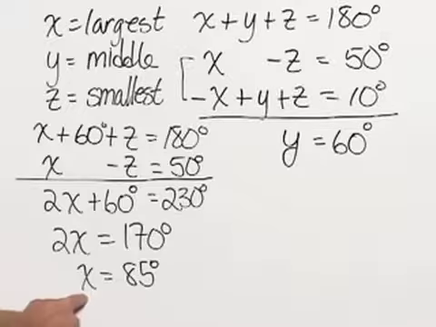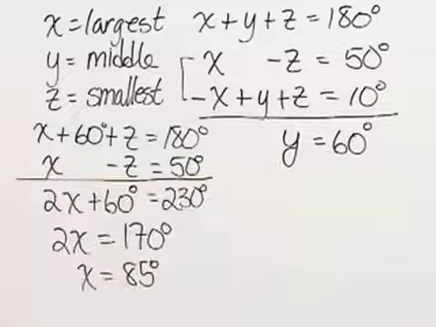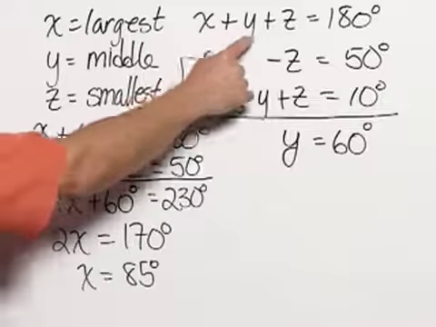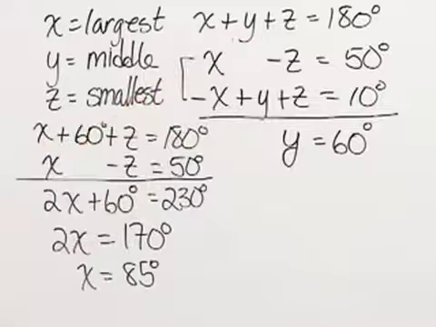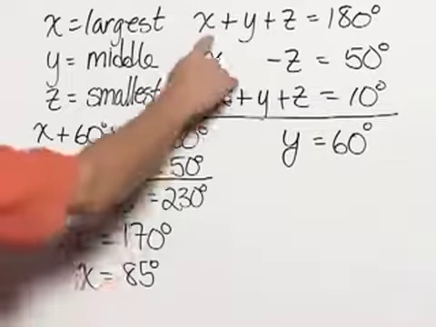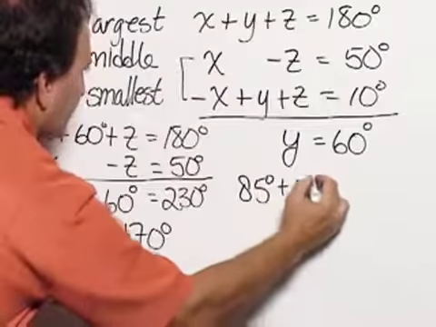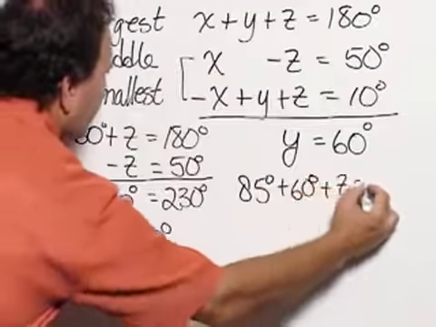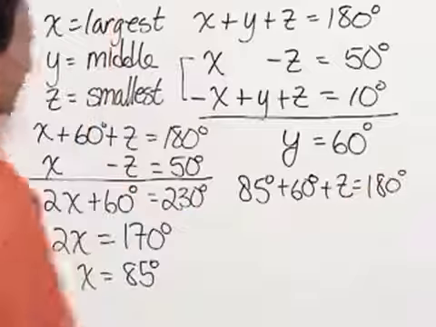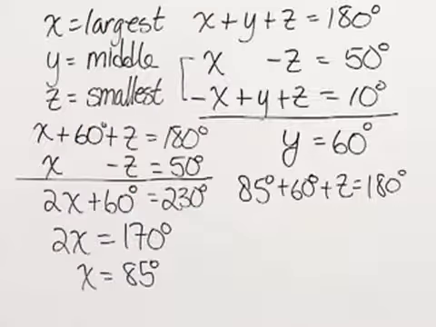Now we have x and y. We can substitute in to this equation for both x and y to calculate z. So x is 85 degrees plus y, which is 60 degrees, plus z, and that equals 180 degrees. 85 plus 60 is 145.